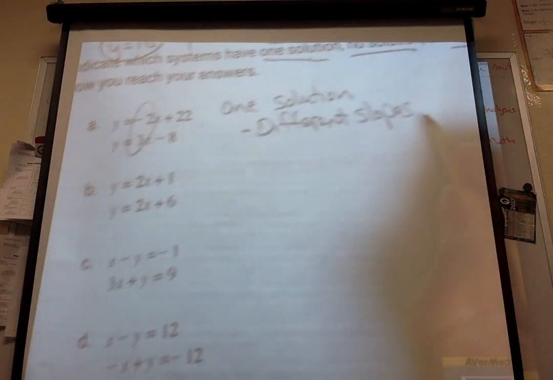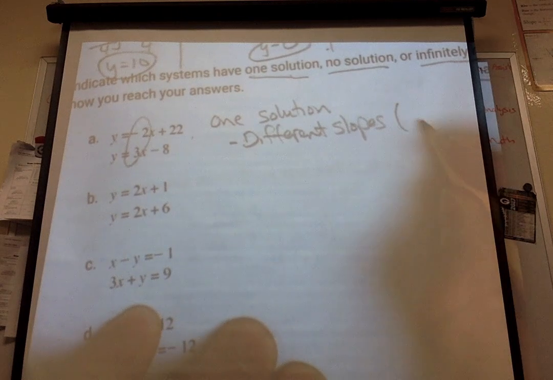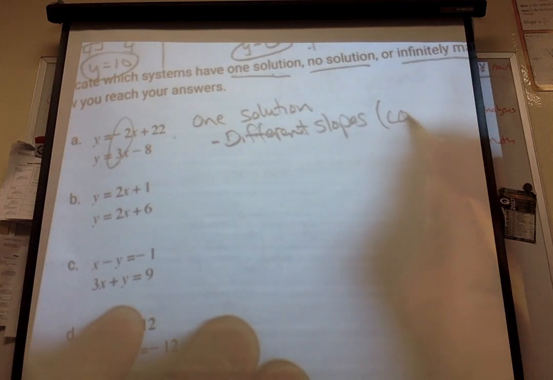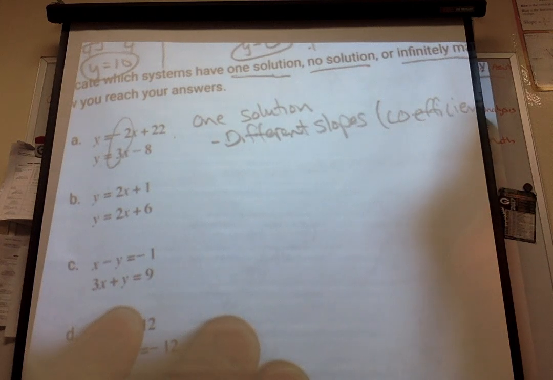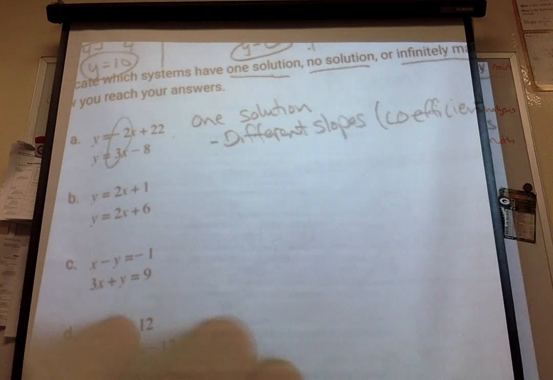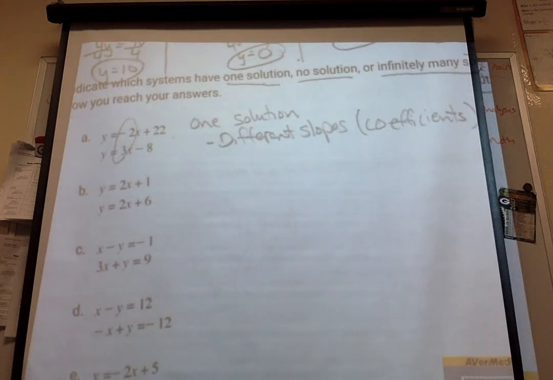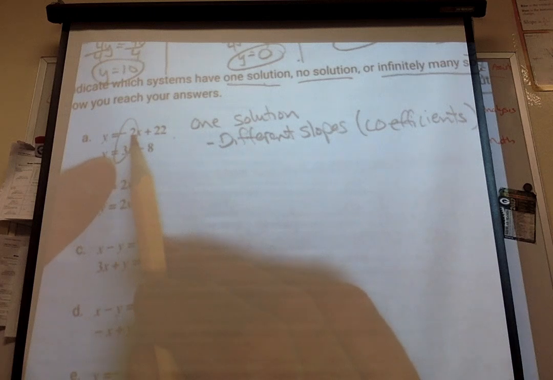In other words, they're different coefficients. We call the number in front of a variable like that a coefficient. So in this case, the coefficient of the first one is -2, and the other one's 3. -2 and 3 are different.